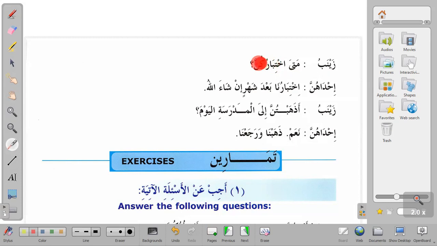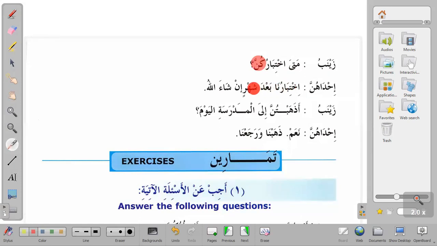But here, because you are addressing several girls, instead of kum, you use kunna. I hope that is clear. So kunna, تقديره ماذا? What is it referring to? Antunna. It is returning back to Antunna. So mata ikhtibarukunna Antunna. When is your examination, you?